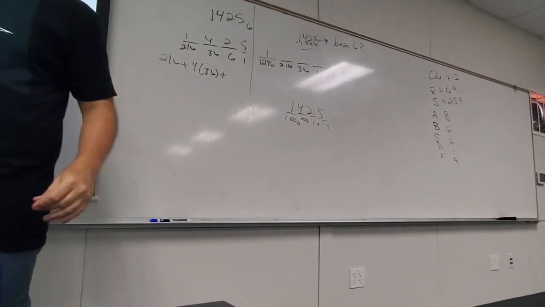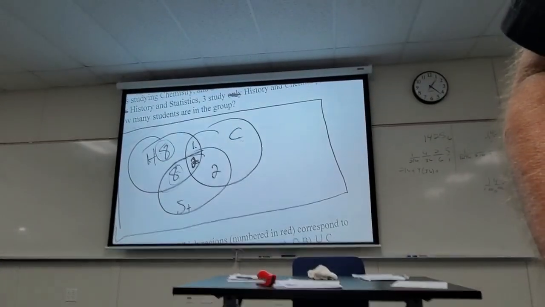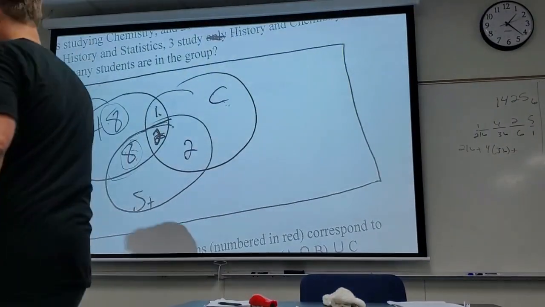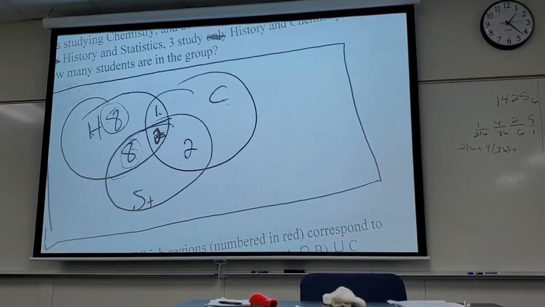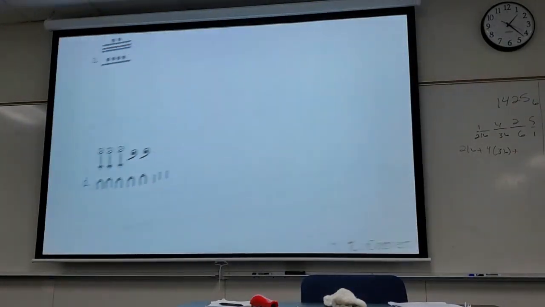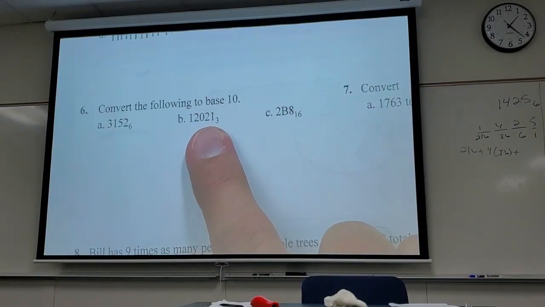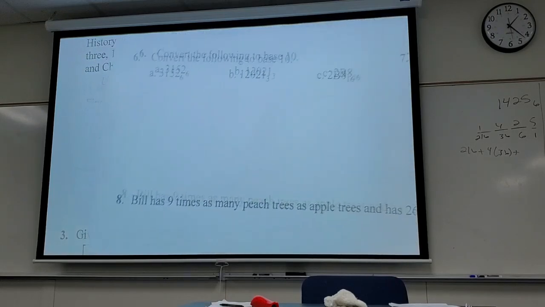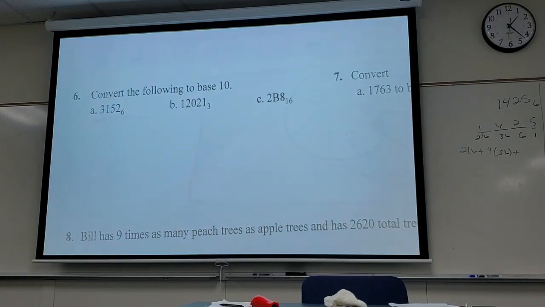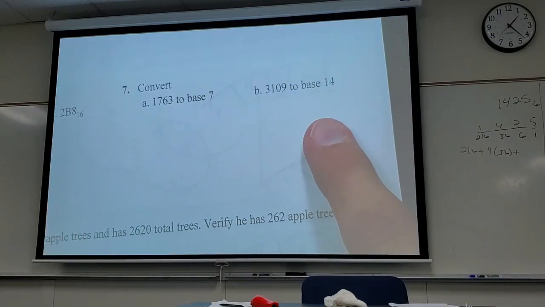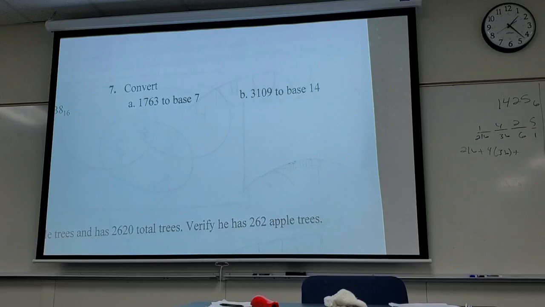It's on the practice test, number 7B. It's 3,109 base 14. Yeah. Okay. It's very tricky. Okay, so what about that one? What's the trouble?